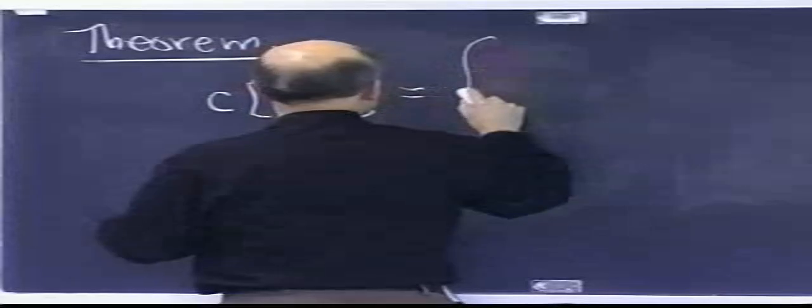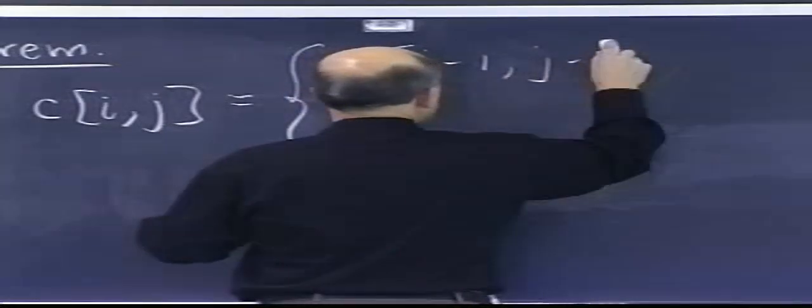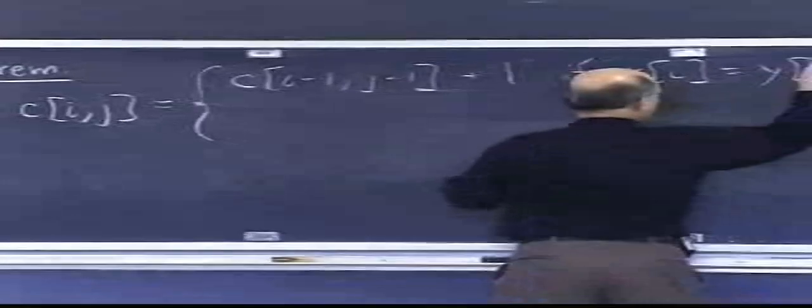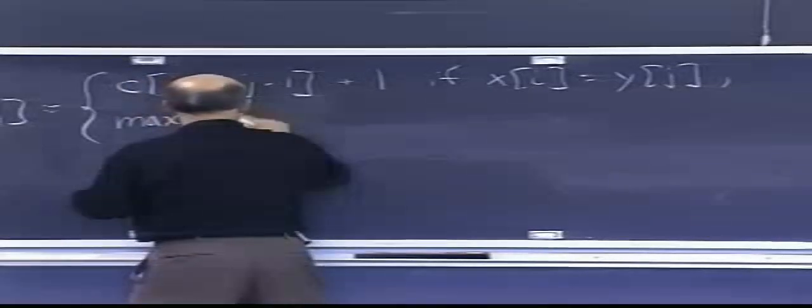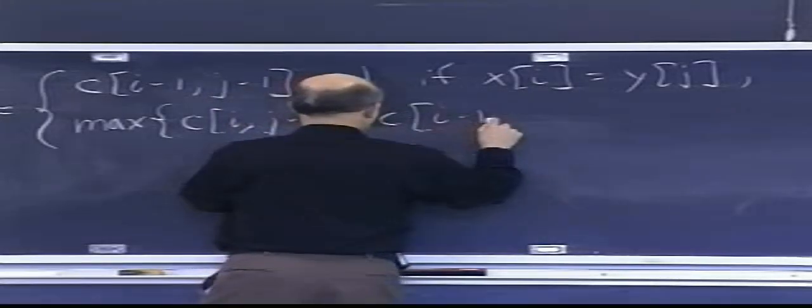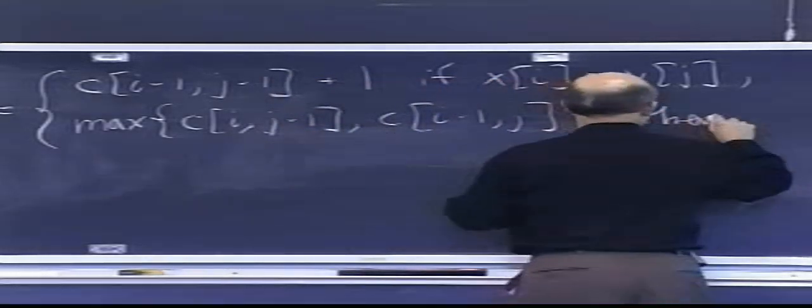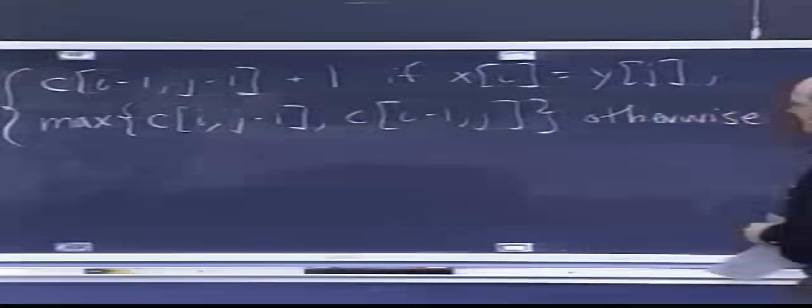So here's the theorem. I can compute C of i j based on smaller values of C of i j.